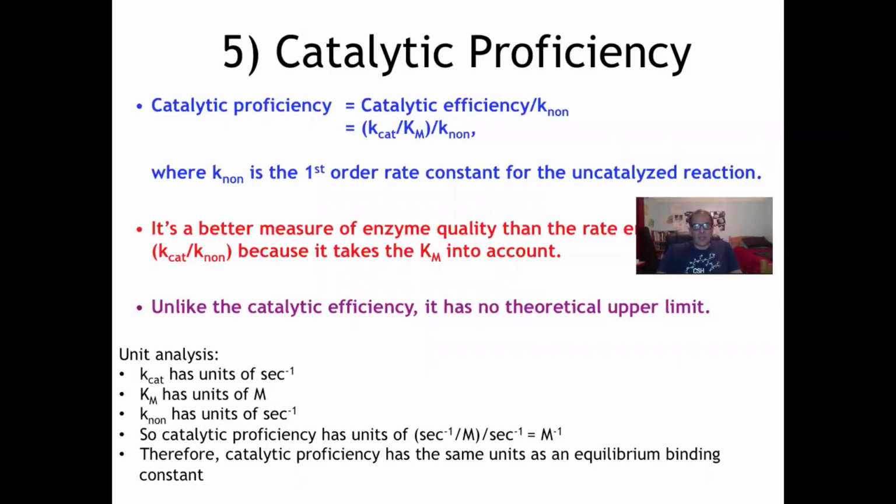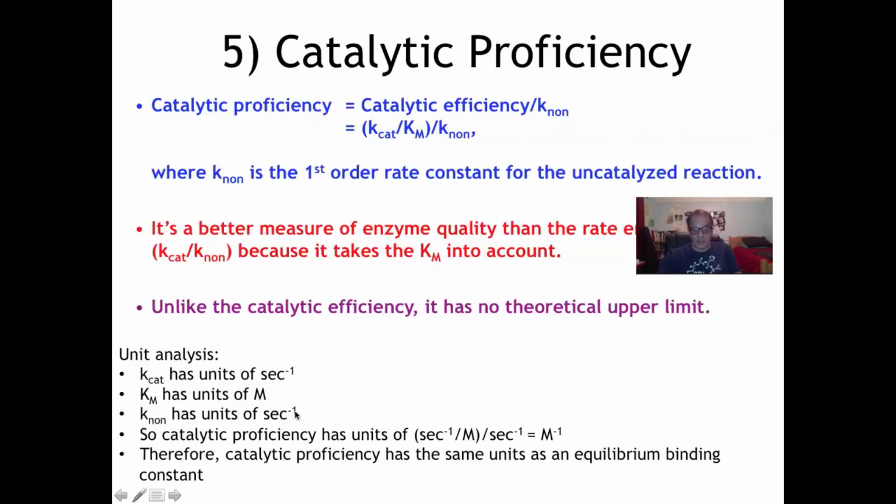Let's look at the units of the catalytic proficiency. What are the units of Kcat, Km, and K-non? Well, the units of Kcat are just inverse time, so seconds^-1, just like any first order rate constant. Km can be thought of as a concentration. It's the concentration of substrate that gives you half maximal reaction velocity, so it has units of molar.